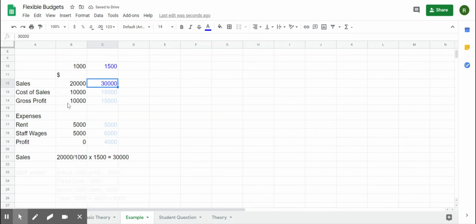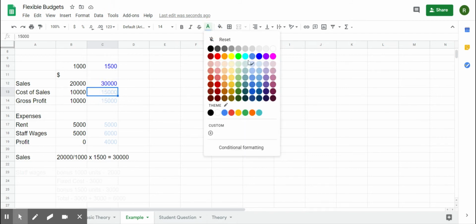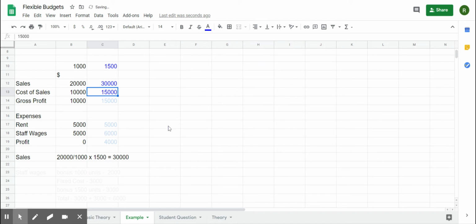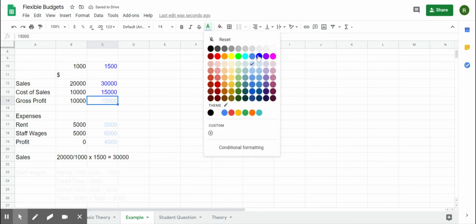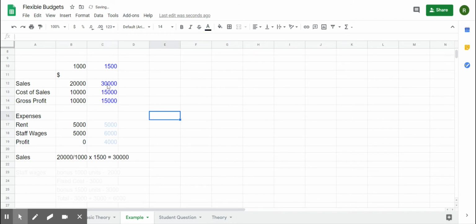Just do a similar calculation for the cost of sales as they increase in direct proportion. And we can now calculate our expected gross profit for sales of 1,500 units or 1,000, and there's an increase, as we'd expect, of 15,000.